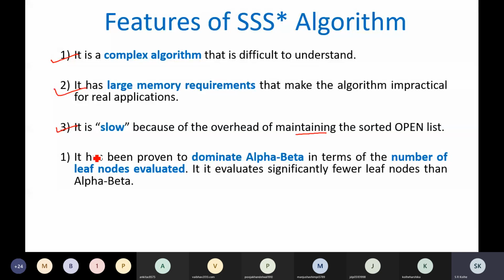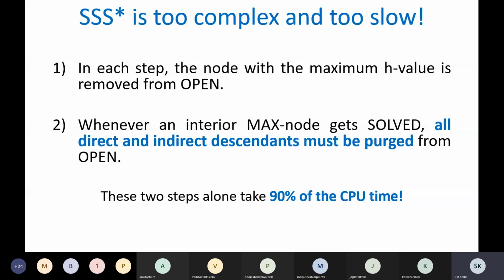Okay, this should be 4. It beats alpha beta in terms of number of leaf nodes to be evaluated. That means number of nodes evaluated are less as compared to alpha beta. It significantly evaluates fewer leaf nodes than alpha beta cutoff algorithm.